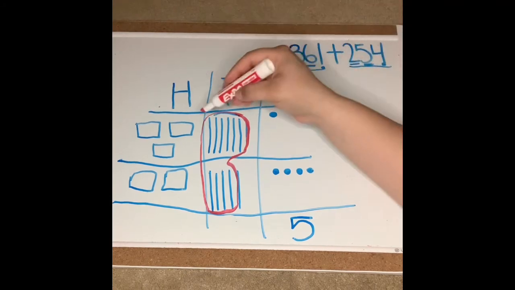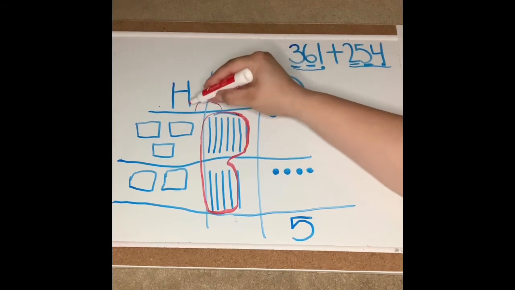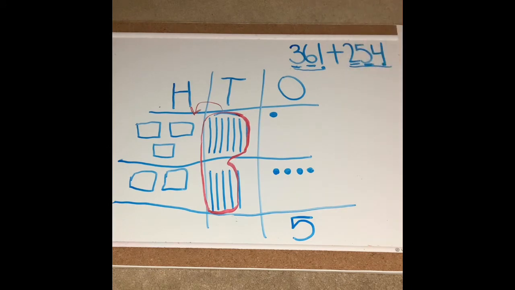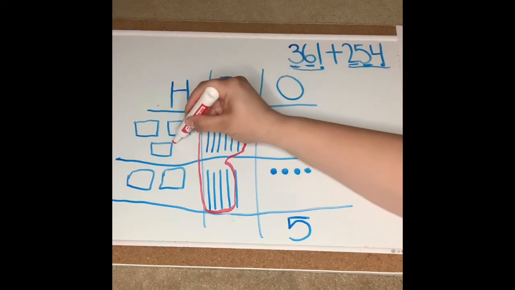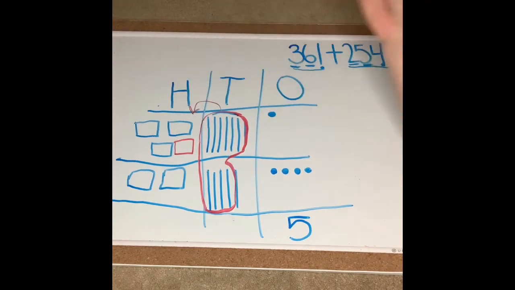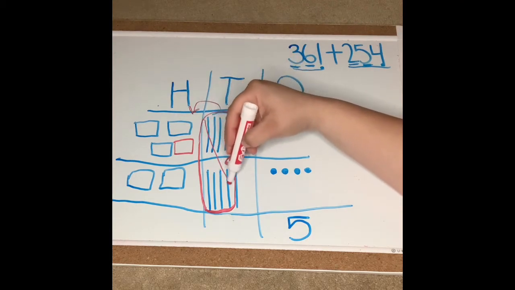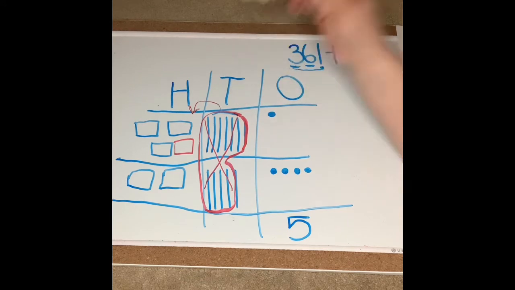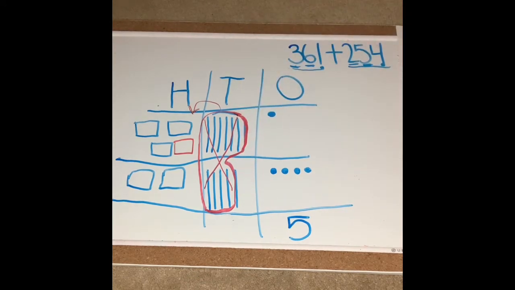So this group of 10 is going to become 100 cube. So I'm going to draw a cube, and now that we've drawn it on this side, we can cross off our 10 rods that we regrouped. How many 10s do we have left that are not circled or crossed off?